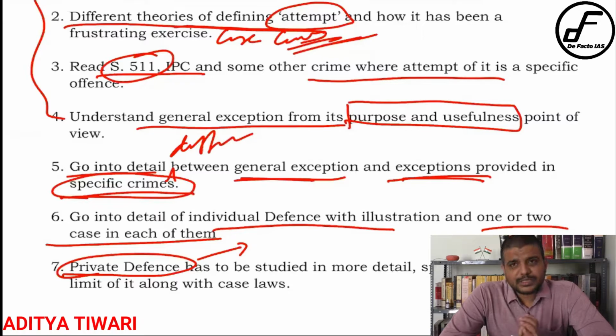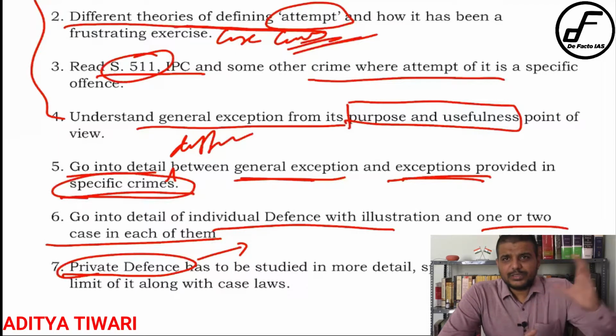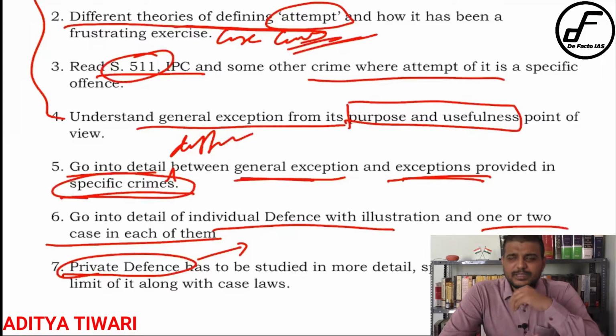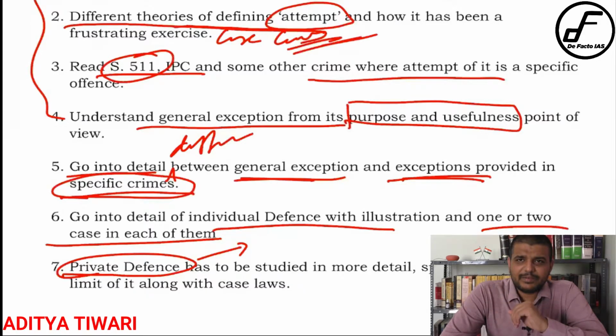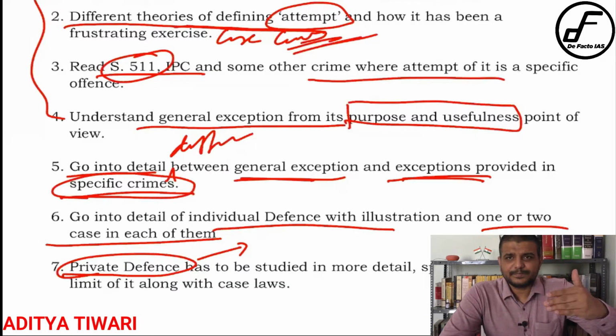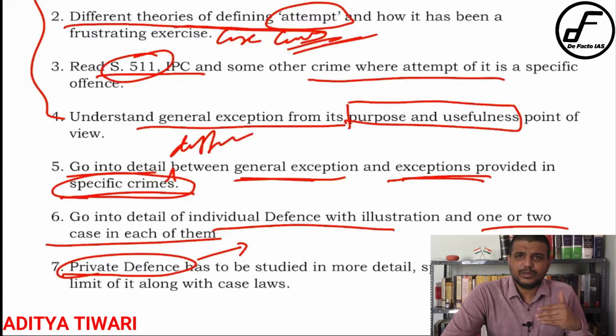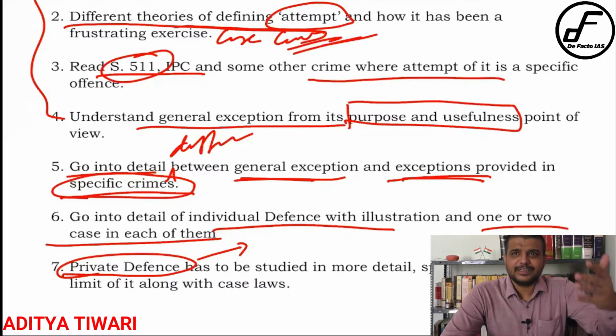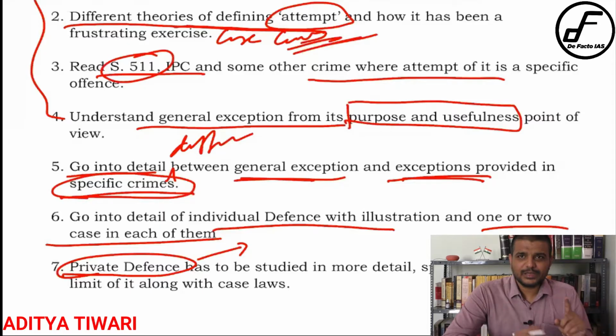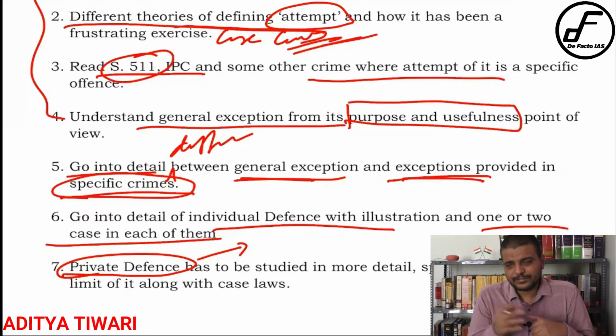Now, private defense, you must know, exists in the case of property and in the case of your body. So you have private defense in both cases, and the whole section, 96 onwards, has been defined in such a way that you have a private defense up to causing death and not causing death. So there are two types of defenses in the case of property and in the case of your body.